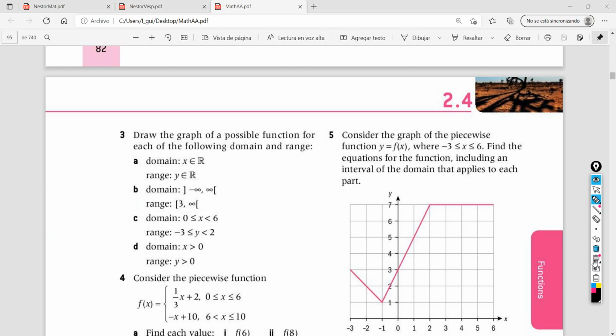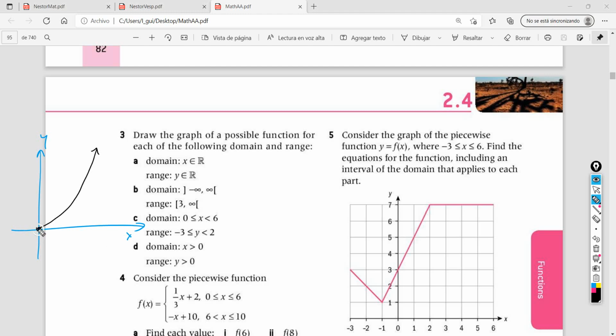And for letter D, the domain should be greater than 0 and the range should be greater than 0. Y, X. So, for example, something like this, a void point, and then something going like this, right? Why void? Because it's telling me that the domain is necessarily greater than 0.